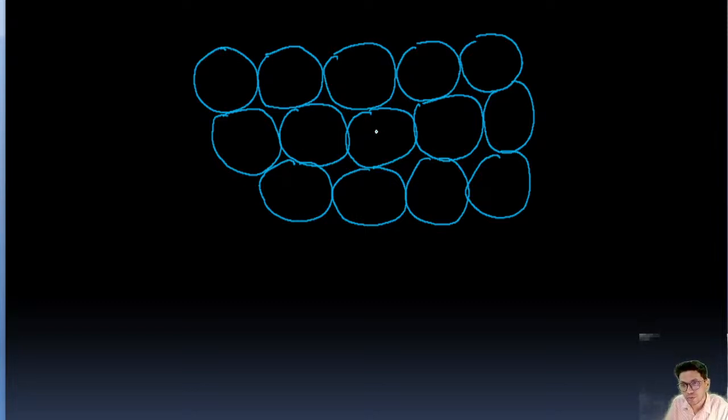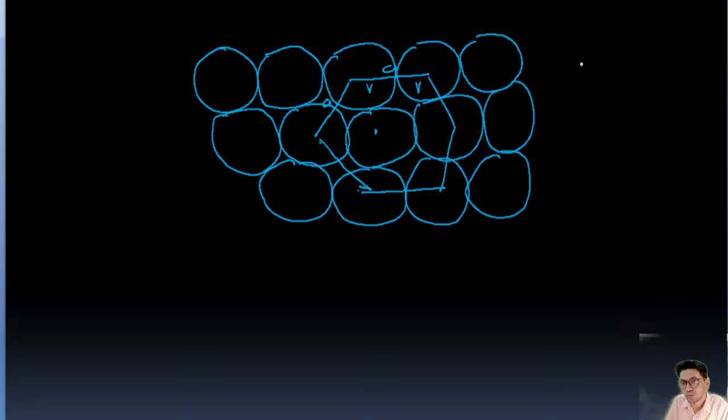From here, you can make a hexagon. These sides are A, guys, and clearly these are R, the radius of these spheres, or discs.